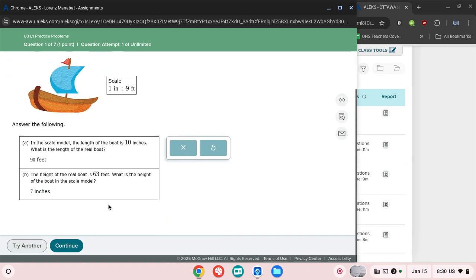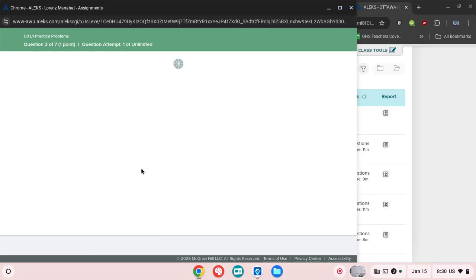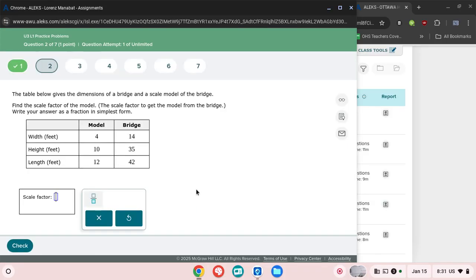Nice. I'm going to go ahead and continue. Another one: what is the scale factor? The model goes from 4 to 14, 10 to 35, 12 to 42. What fraction do we multiply each time to get the model from the bridge?